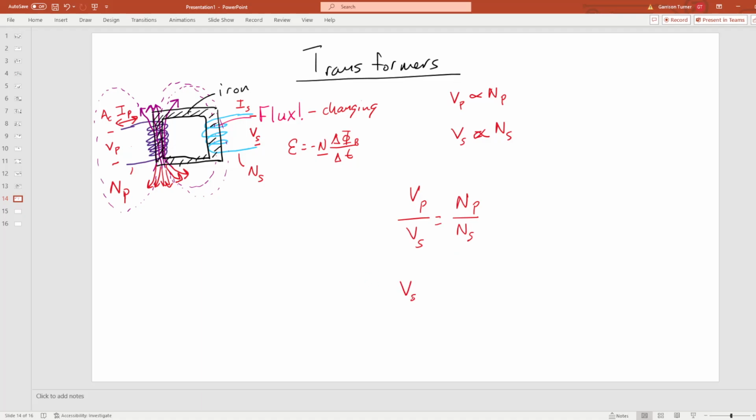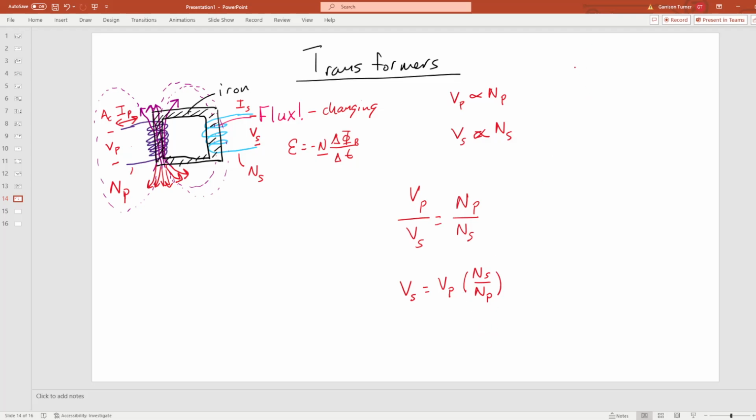And so the potential in the secondary coil is going to be equal to the potential in the initial coil times the ratio of NS over NP.